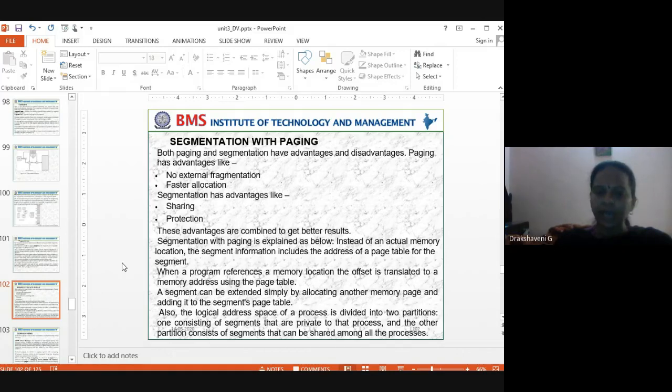The segment can be extended simply by allocating another memory page and adding it to the segment's page table. Also, the logical address space of the process is divided into two partitions, one consisting of segments that are private to that process and the other consisting of segments that can be shared among all the processes.